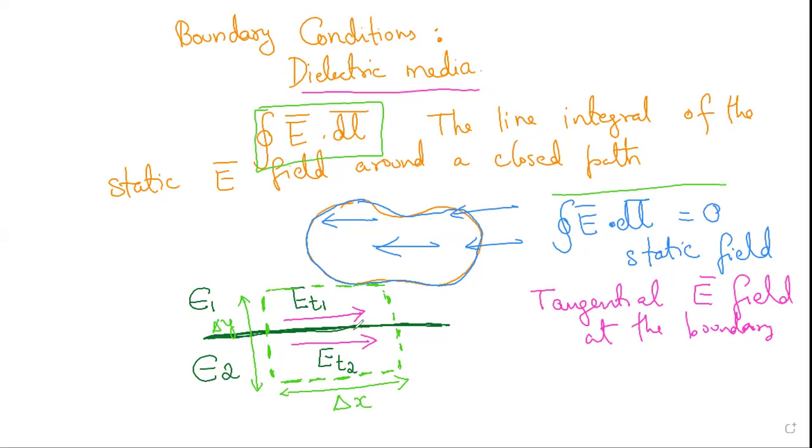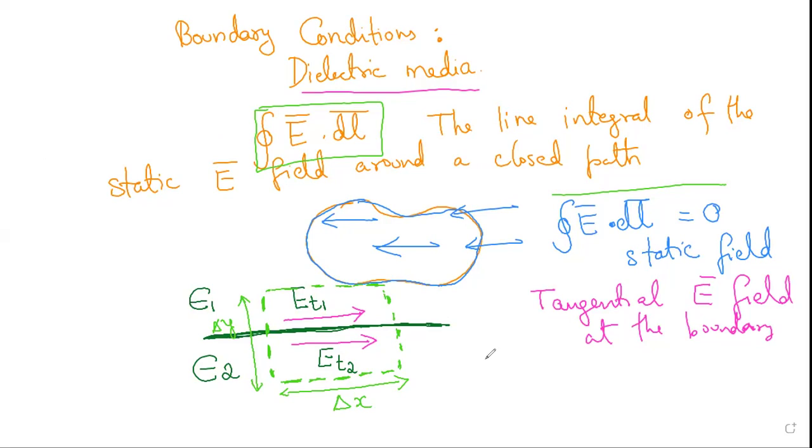And what is happening at the boundary is that the medium is changing. It is going from epsilon 1 to epsilon 2. And I have named the electric field in medium 1 as ET1 and the electric field in medium 2 as ET2. Now, I am going to apply the closed integral of E dot dl.